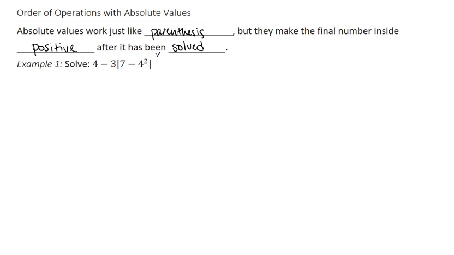So you can see here, this is our absolute value sign with anything in it, like numbers or order of operations we need to deal with. So when solving, we continue our order of operations like please excuse my dear Aunt Sally, where this absolute value falls into the parentheses step.